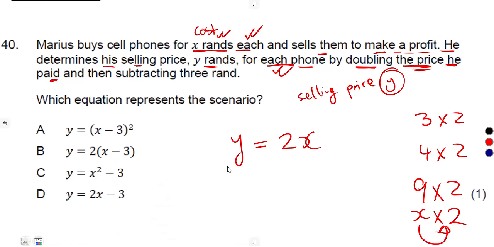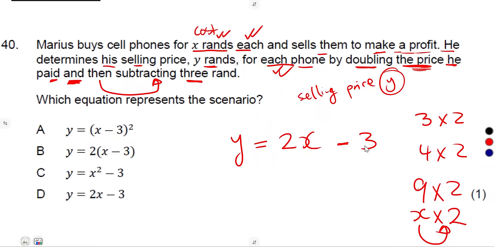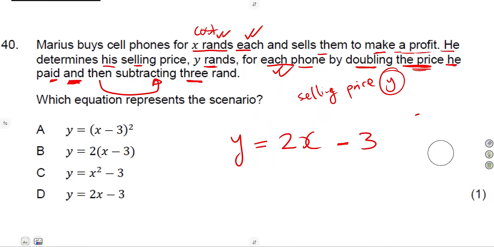That's the double price. And it's another statement on its own. And then subtracting what? 3 rand from the double price, double the amount, is subtracted 3. Guys, it's a straightforward thing, isn't it? That was a straightforward.